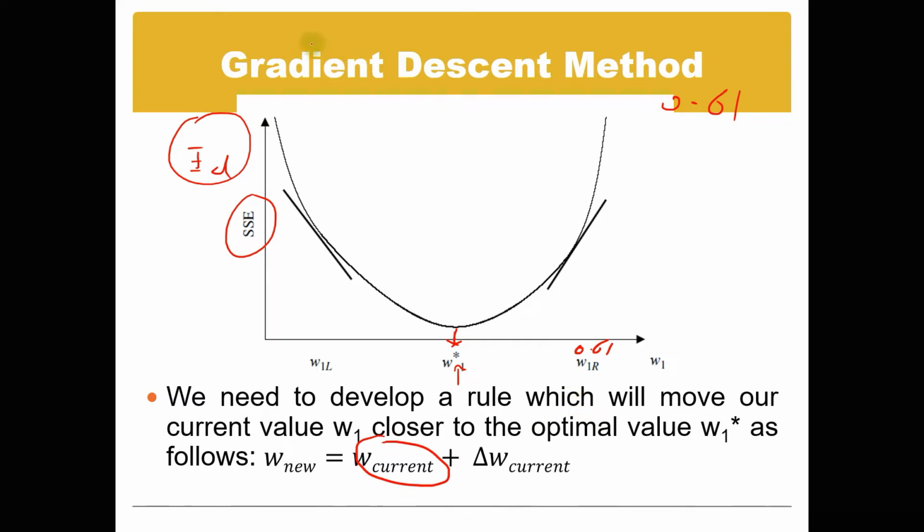So what do we want to do? We want to have an updated weight, a new weight, which is going to be obtained by taking the 0.61 that we have, plus a certain change in the weight. So this is what we want to do to be able to obtain this new value. Now, the only problem that we have here is that the addition of that change is what is of interest to us. If we are adding a positive value, what's going to happen?